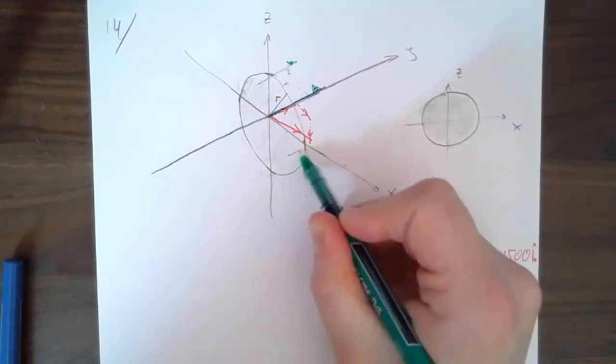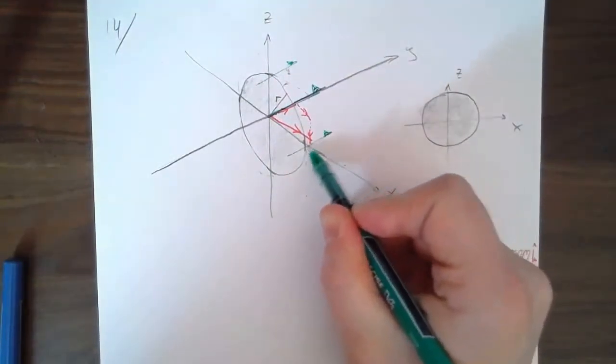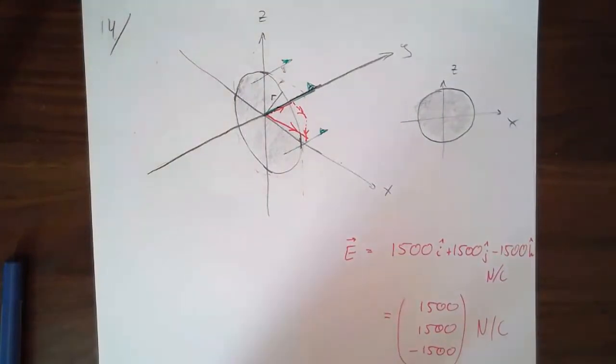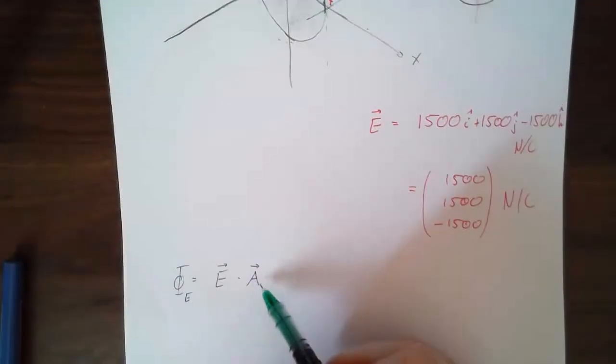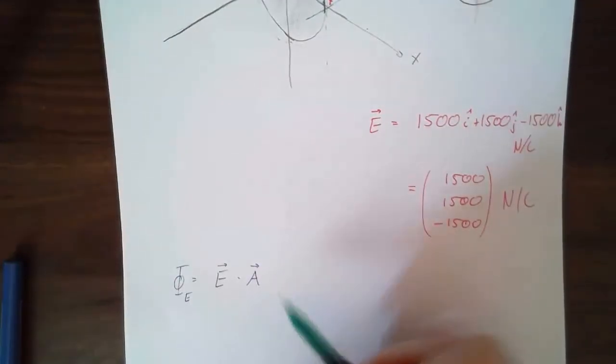So the area everywhere, the direction sticks out in the direction of the y-axis. The y-axis is perpendicular to the surface, right? So my area is only going to have a y component and nothing else.